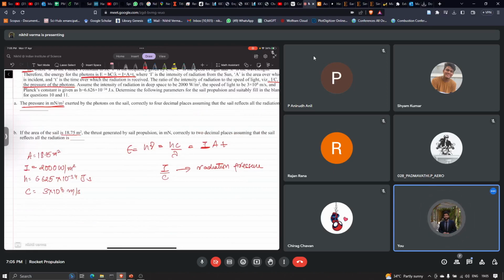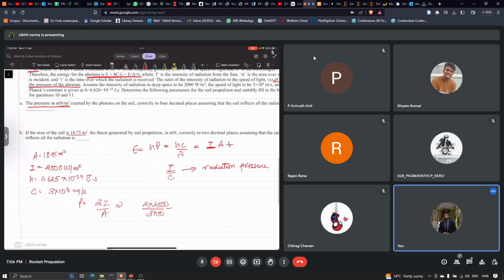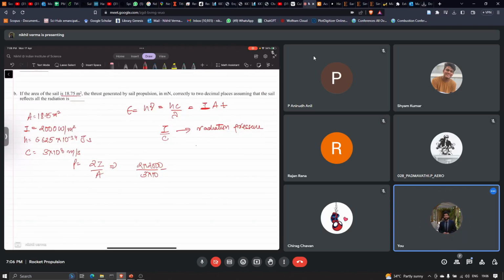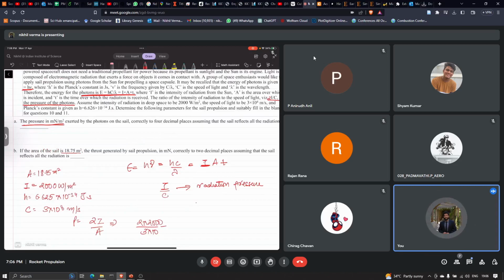So it is given that pressure is 2I by C, which is equal to 2 into 2000 divided by C. Yes, it is 2I by C. What we have to find is the pressure exerted by photons on the sail.